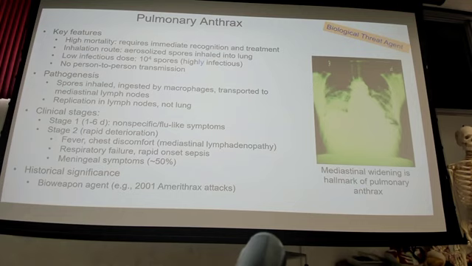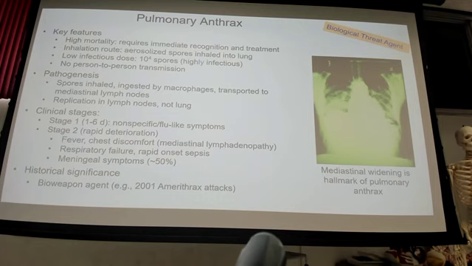The macrophages that have those bacteria engulfed in them will take them back to the lymph nodes in the mediastinum, so the mediastinal lymph nodes, and there they will replicate. So the lymph nodes are supposed to be an area where you do not have live bacteria, but these bacteria are not only live, but they're replicating in that area.